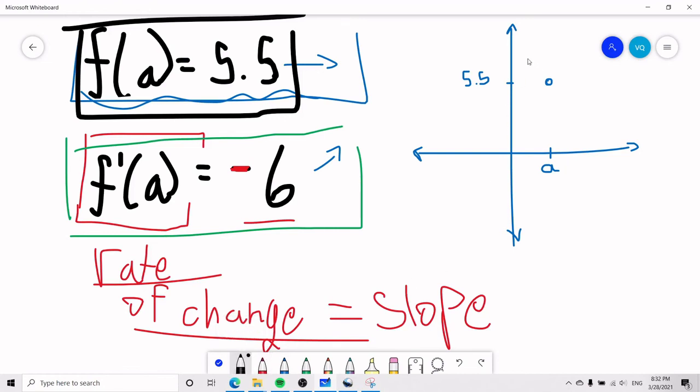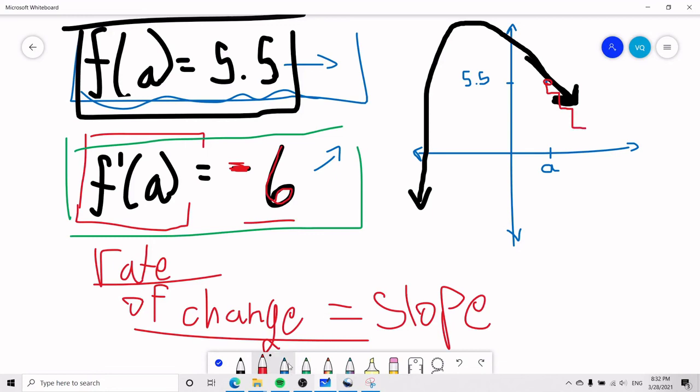And so the line could be like this, as it could also be like this. It could be a quadratic function that looks like that. But my whole point is that if the rate of change is negative, in this case negative 6, it means that right at the point a, 5.5, it is decreasing at a slope of negative 6 units.